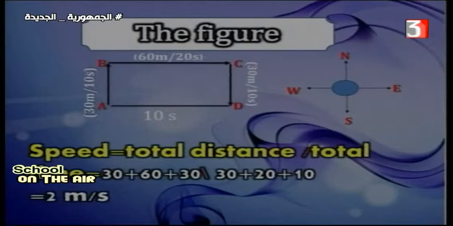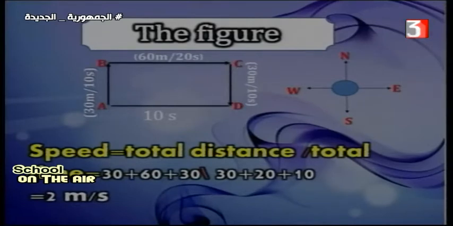Speed equals total distance over total time. Don't forget the law. Total distance we studied before, 30 plus 60 plus 30. Total time, 30 plus 20 plus 10. The result will be 2. Don't forget to write 2 meters per second.